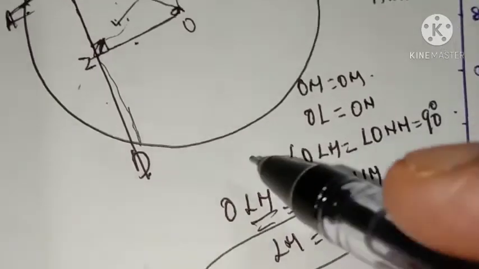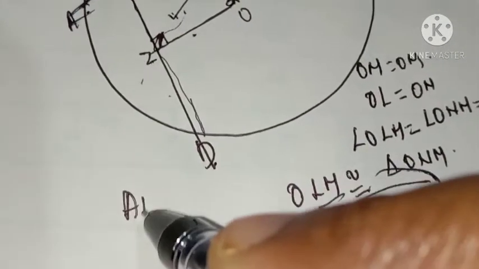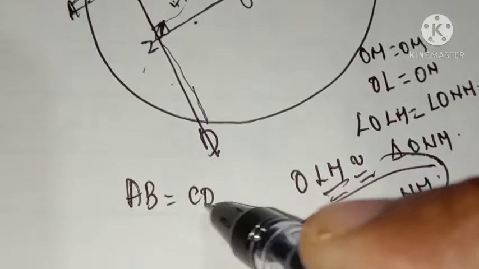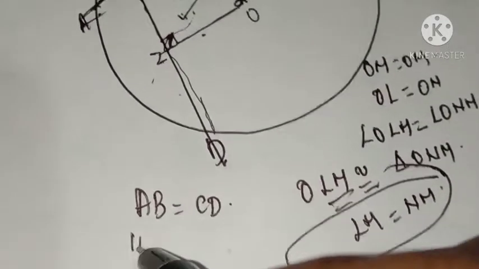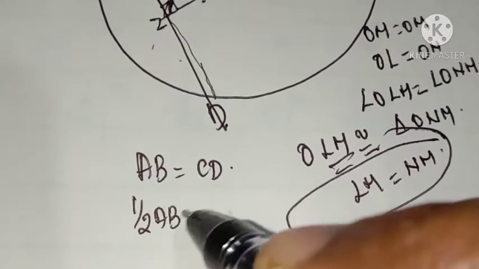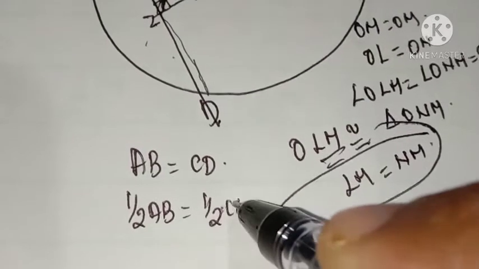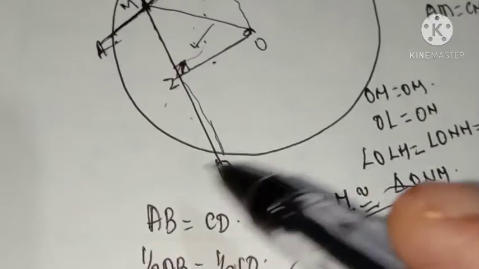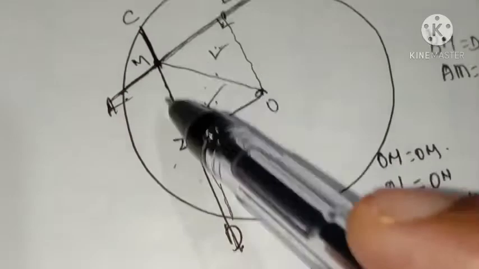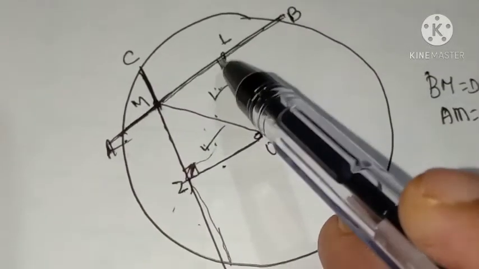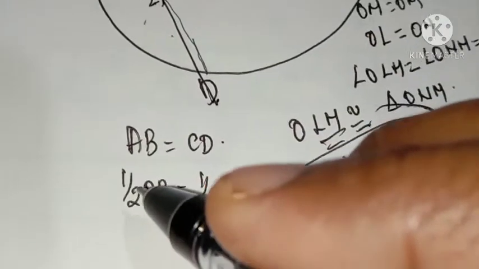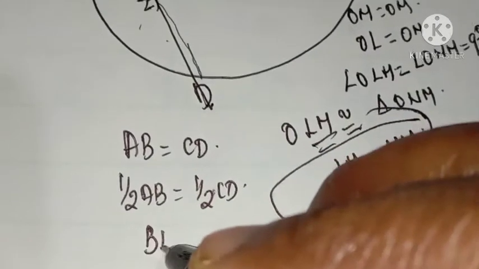Now, given that chords are equal, AB is equal to CD. So half of AB is equal to half of CD. Half of AB means AL or BL, so consider BL.